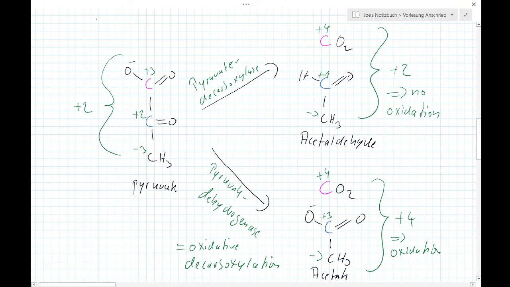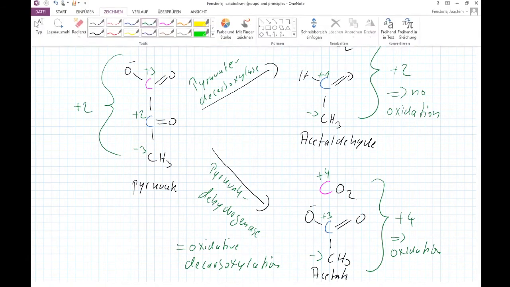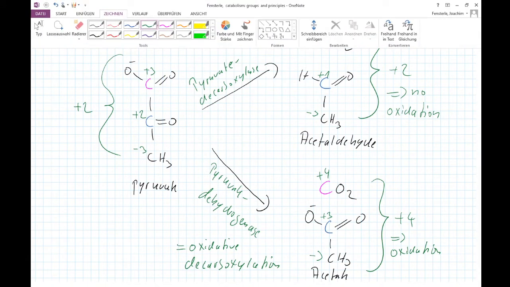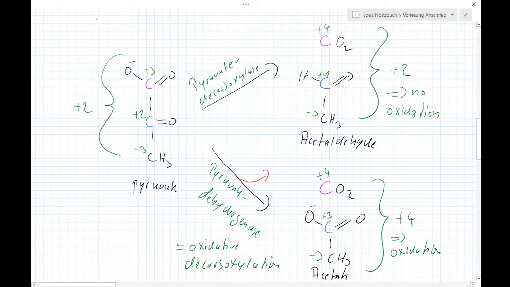In reality, you know, of course, first of all, we produce NADH. We cannot do an oxidation like this. And second, we have also the coupling of CoA, and this is then also a thioester.